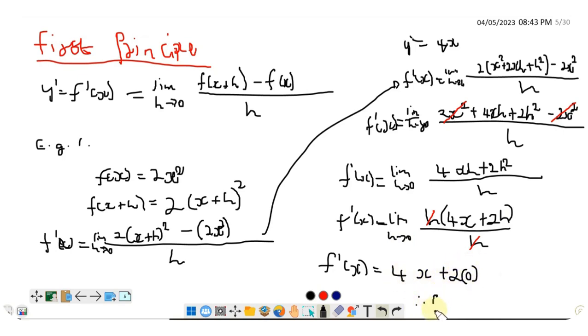Therefore, f'(x) equals 4x, because 2 times 0 is 0.